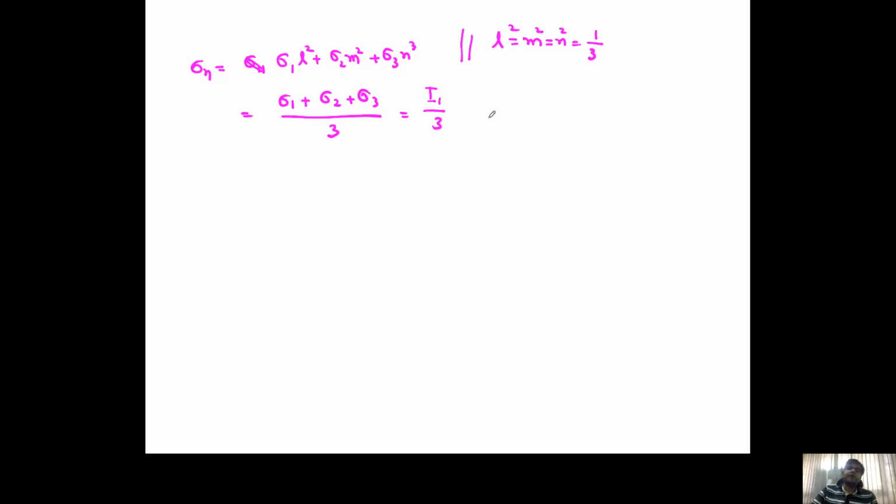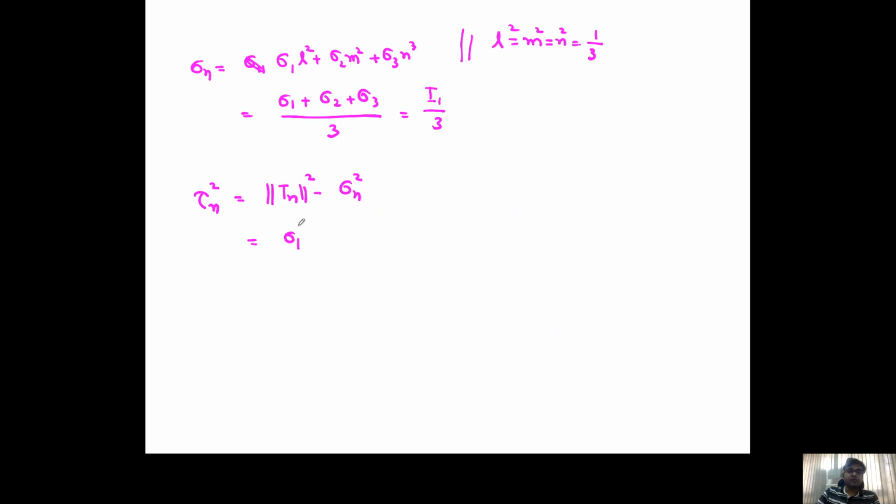Okay. Now next, what about the shear one? So what is the shear stress? Let us see. Shear stress square is magnitude of the traction vector square minus sigma n square. So what is the magnitude of this traction vector square?